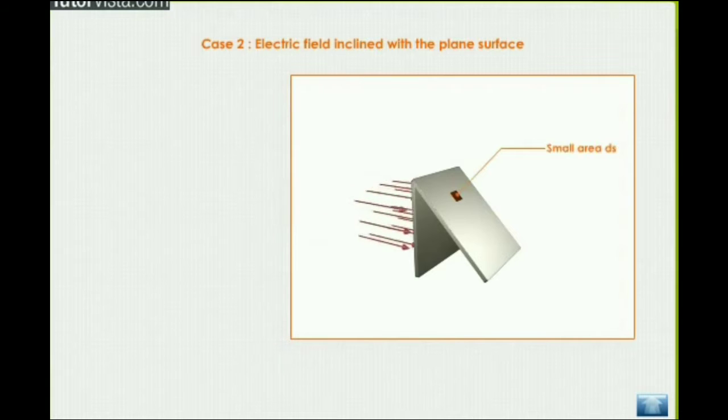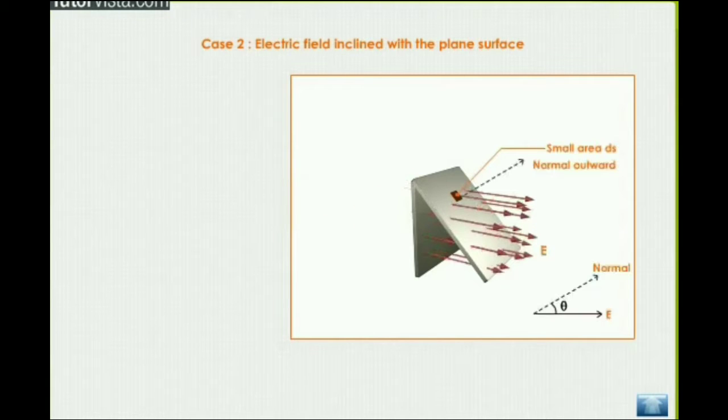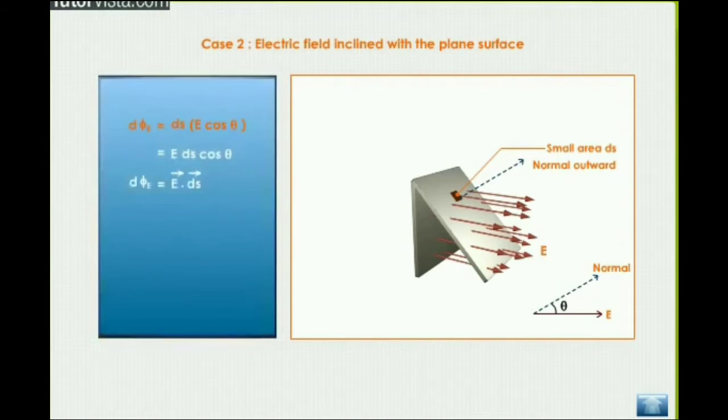Electric field lines inclined with a plane surface. Small area ds and normal outward. Based on the component of vector, we can write d phi is equal to E ds cos theta. d phi is equal to E bar dot ds.